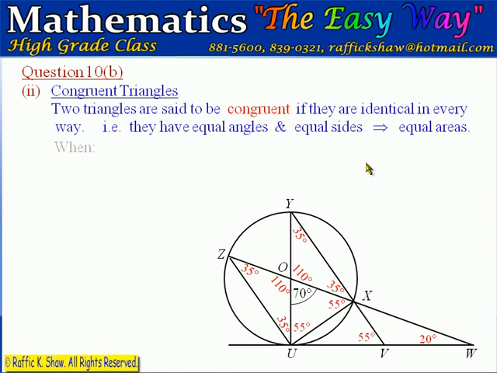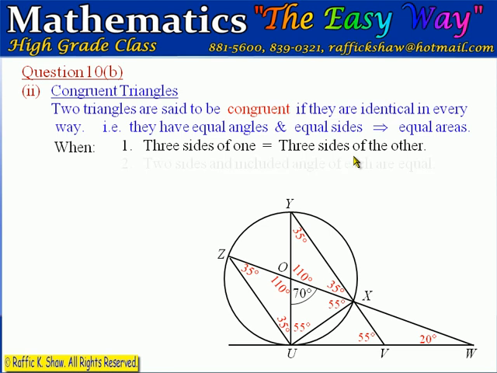And we can deduce that two triangles are congruent if we have any of these conditions. If we have three sides on one triangle being equal to three sides on the other triangle, then those two triangles are congruent triangles, equal in every way.